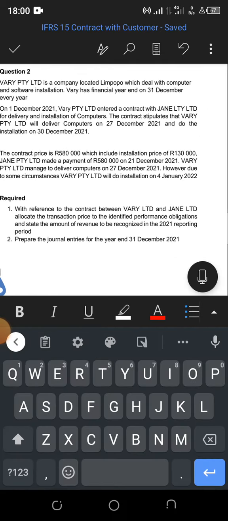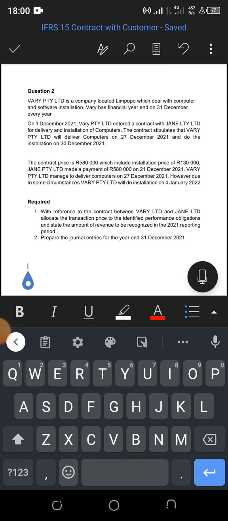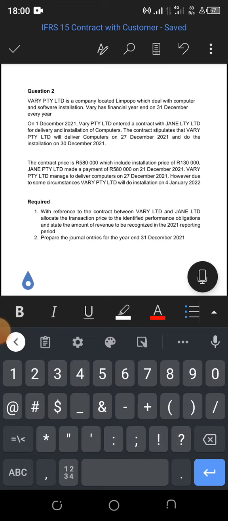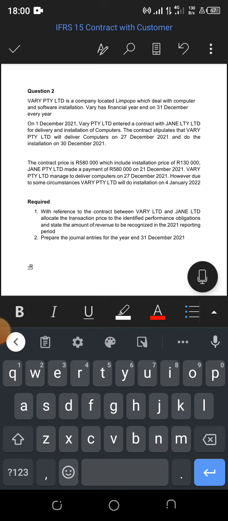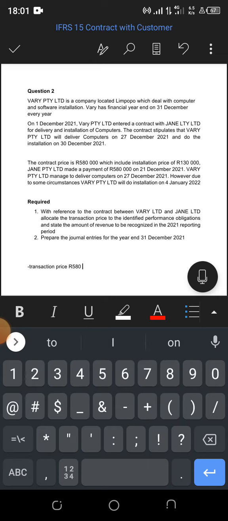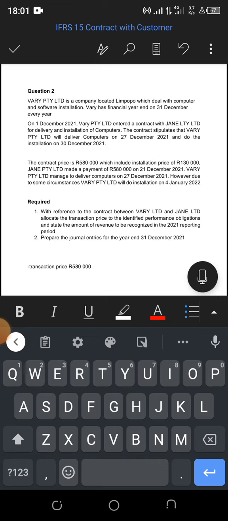Okay, then they say we have to allocate the transaction price. Let's check. The transaction price is how much? It's 580. Now let's check the performance obligations.